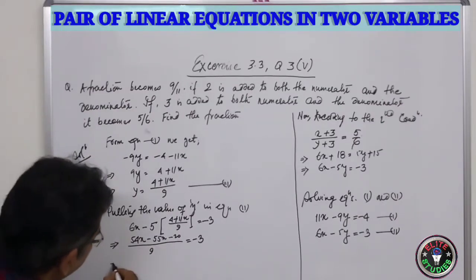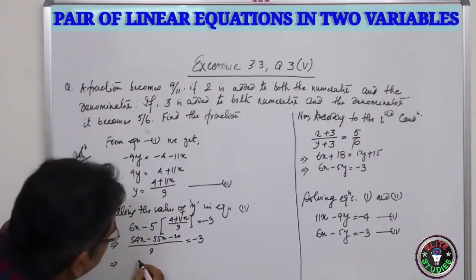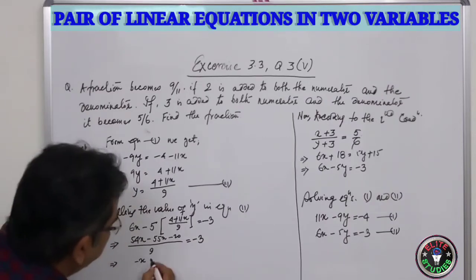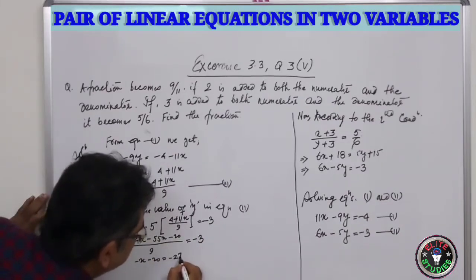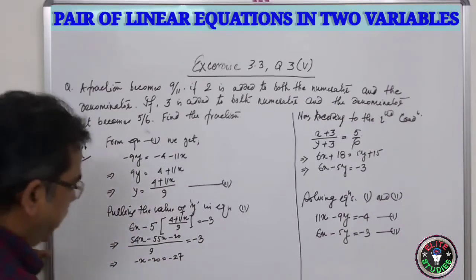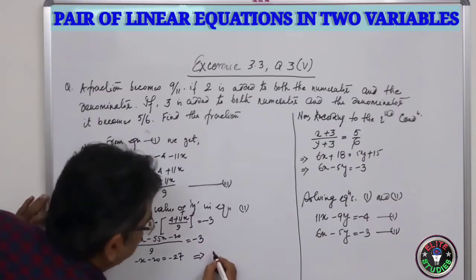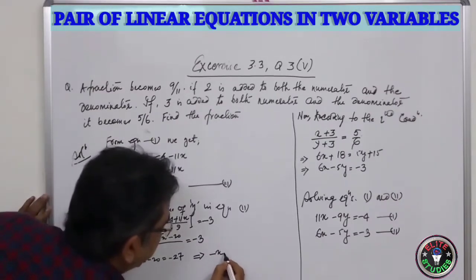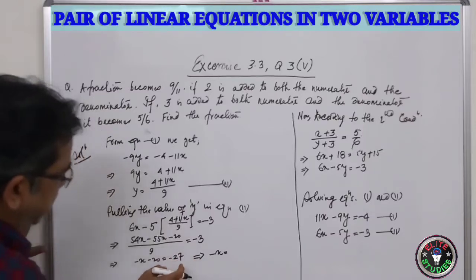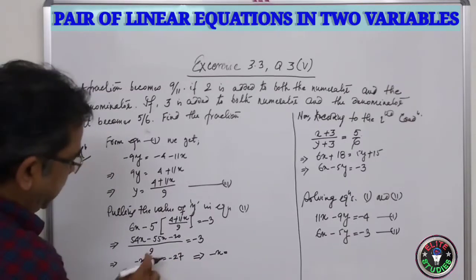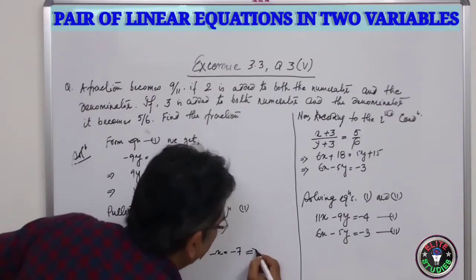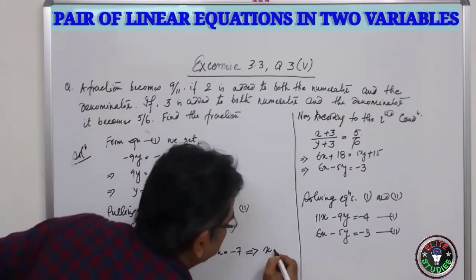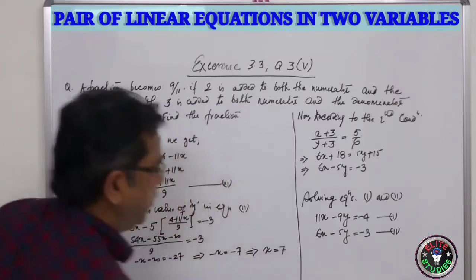Here simplifying, 54x minus 55x minus 20 is equal to, by cross multiplication, minus 27. So it implies minus x is equal to, if you take that side, minus 27 plus 20, it will be minus 7. So therefore it gives x is equal to 7.